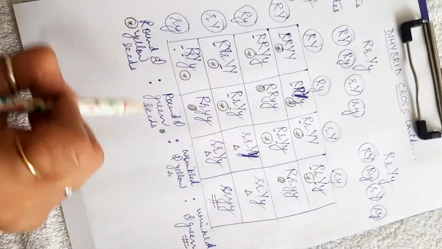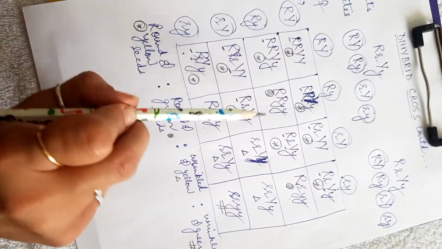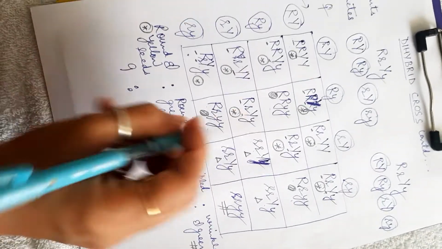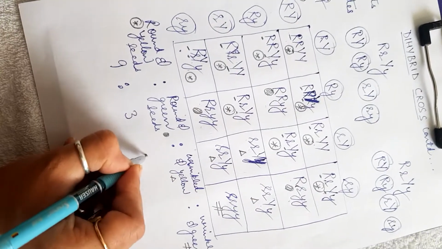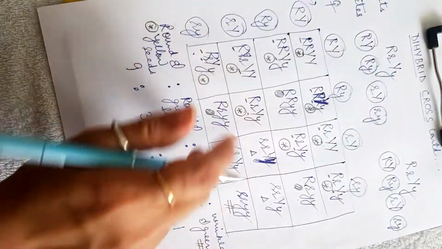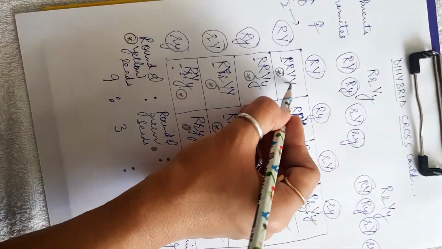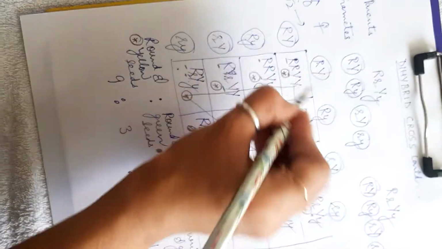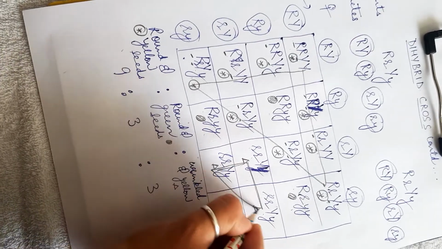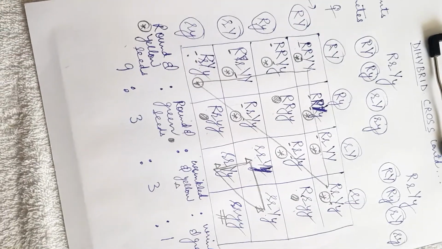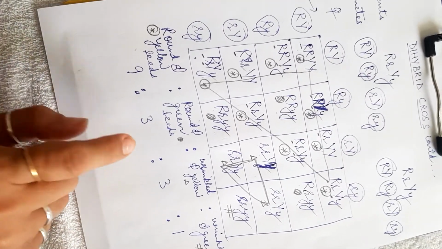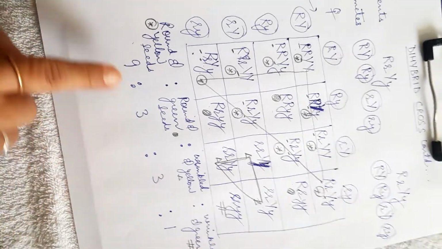So when you count these, 1, 2, 3, 4, 5, 6, 7, 8, 9, this is 9 is to 3 is to 3 is to 1. If you write the gametes in sequence, you will always get it like this: first dominant, then these three, and this. 9:3:3:1 is the ratio you will get in the F2 generation of a dihybrid cross.